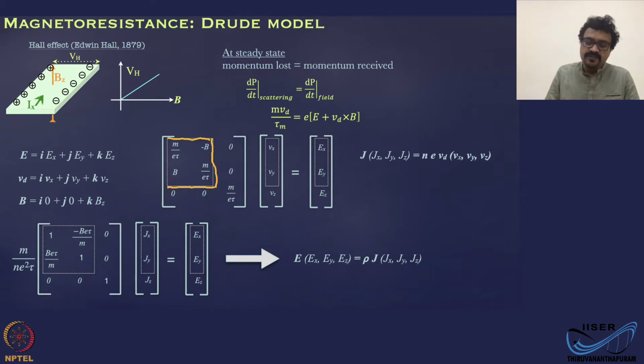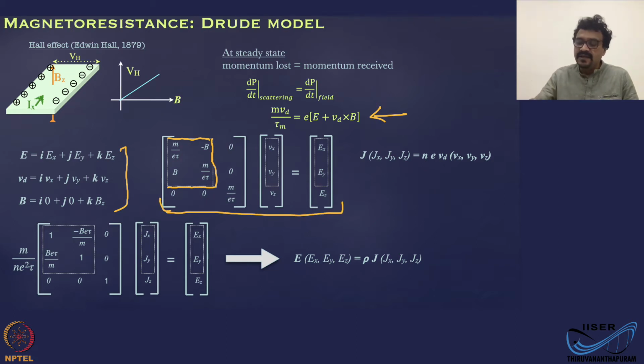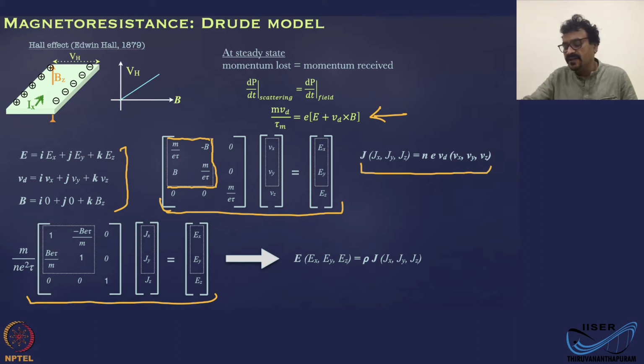Now, when you substitute these equations into this equation, you will generate this matrix equation. From this matrix equation you can generate this one by substituting J equal to n e v_d. J is the current density. J has the components J_x, J_y, and J_z, and v_d has the components v_x, v_y, and v_z.